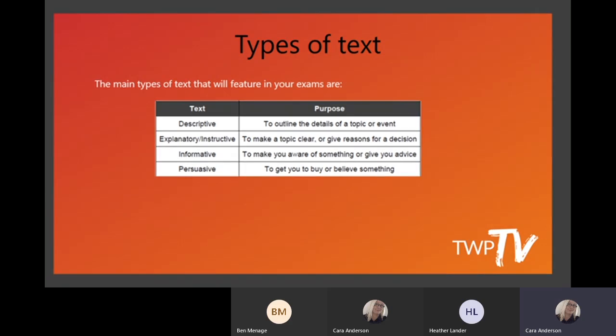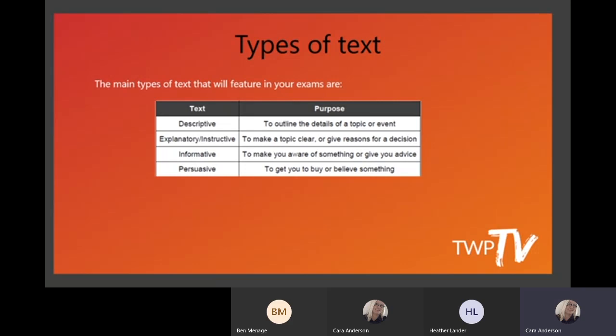So you could have one maybe very argumentative, or it could be very informative about the health problems that phones and stuff could cause. It just depends on the topic as to what types of text you're going to get.